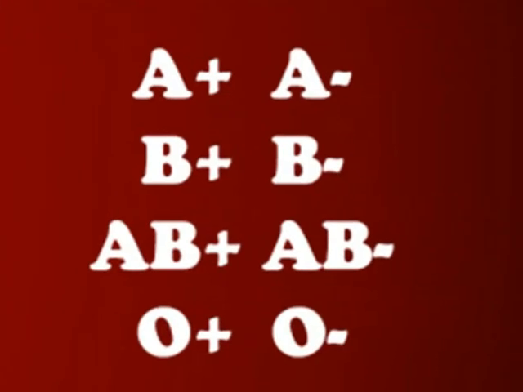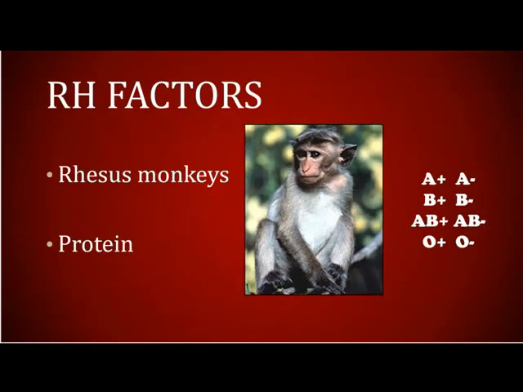This protein is also present in the blood of some people. The presence of the protein, or lack of it, determines whether the blood type is positive for Rh or negative for Rh. This is referred to as Rh for rhesus factor.